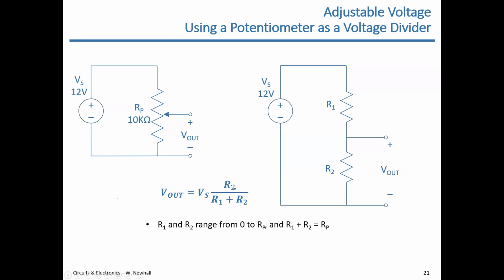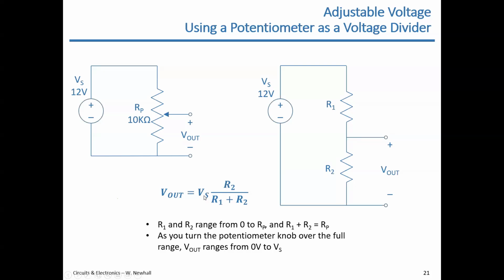R2 changes from 0 to RP. So you have this fraction that ranges from 0 over 10K to 10K over 10K. So that fraction ranges from 0 to 1 as you turn the knob.